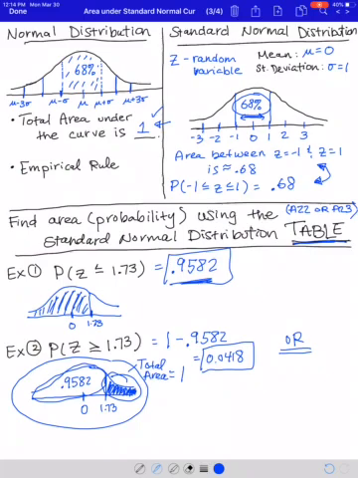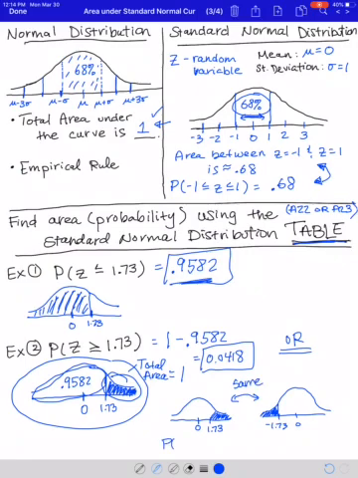Let's look at another way of finding this area. So another method would be, first of all, notice the area that we're finding here. Here's 0, here's 1.73. This is the area we're interested in. But by the symmetry of this normal curve, I could come over here to a value of negative 1.73, and look at the area to the left of that, and these areas are going to be the same.